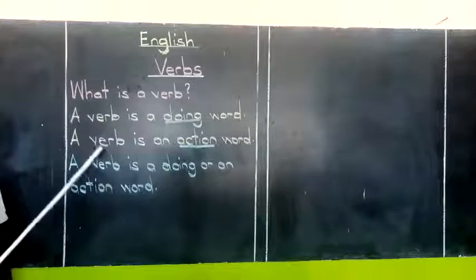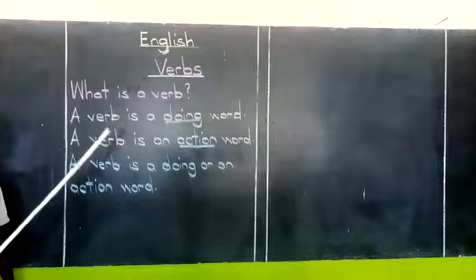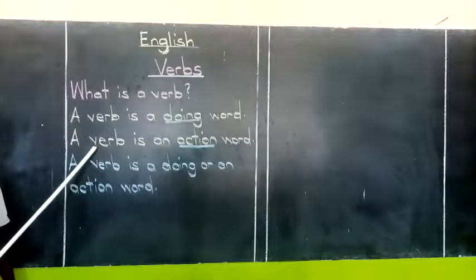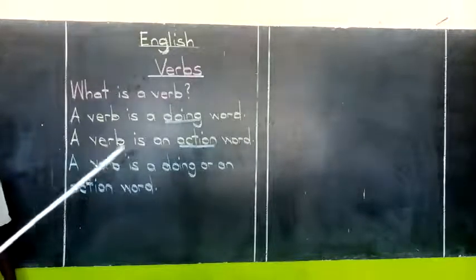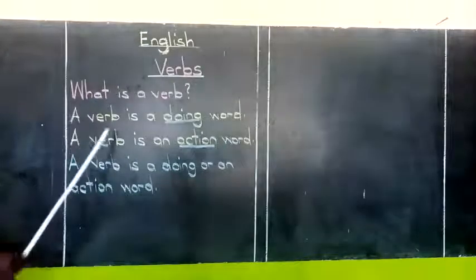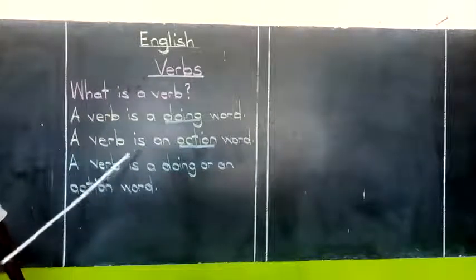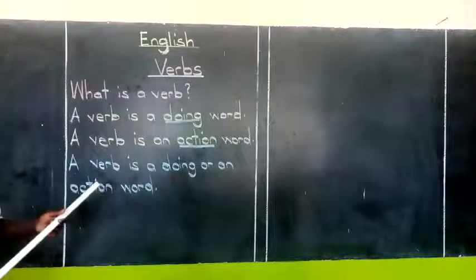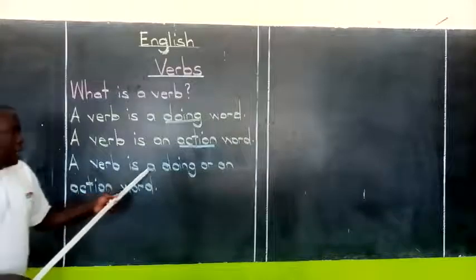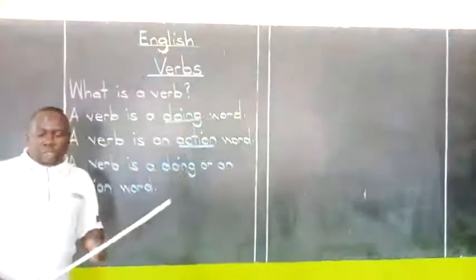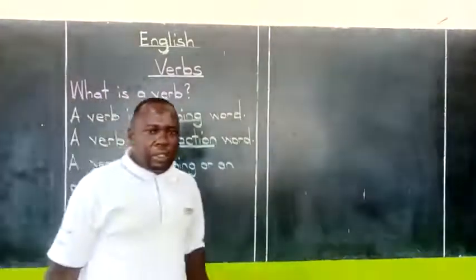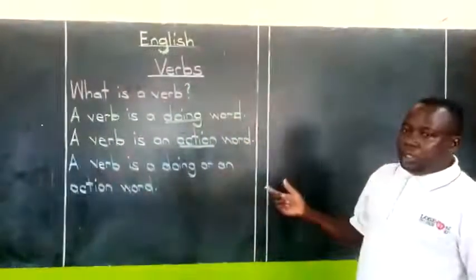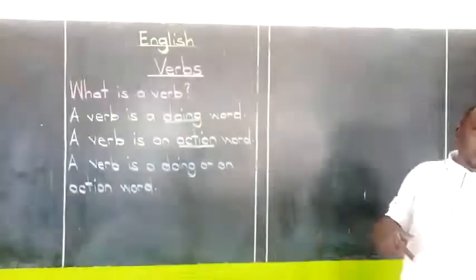Okay? We have said a verb is a doing word. That is one answer. Somebody can say a verb is an actioning word. If you don't want to use one of these ones and you want to bring both, you can say a verb is a doing or an actioning word. So when you hear those words, doing and action, that means a verb.